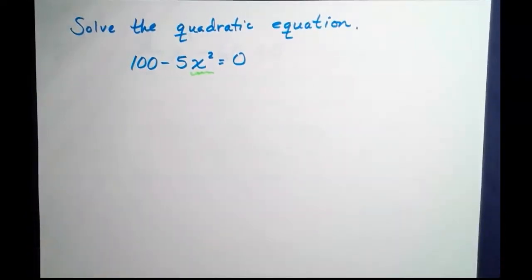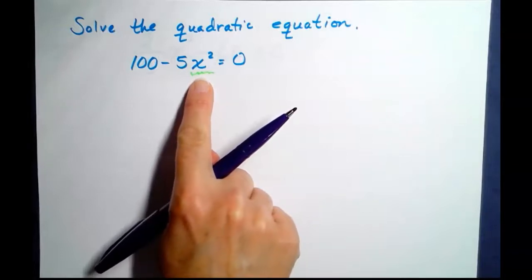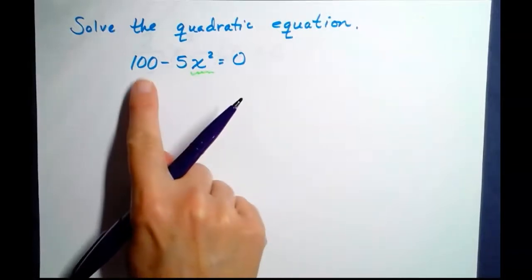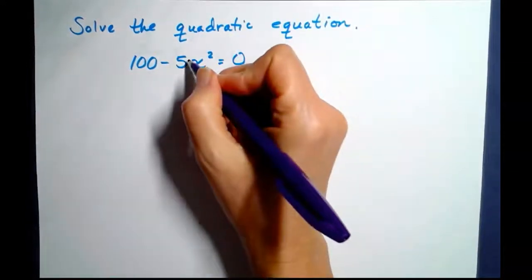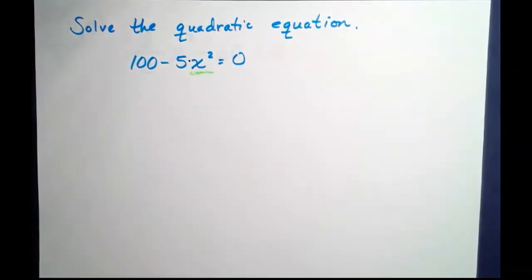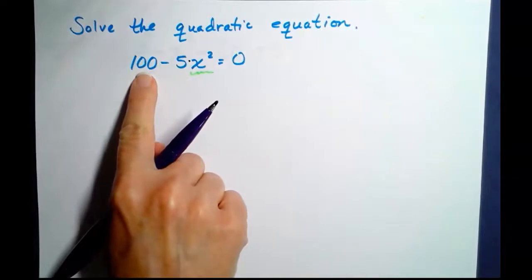Solve the quadratic equation. Step 1, isolate the squared term. I've already got it designated here with a little green squiggly underneath. So 100 minus 5 times x squared equals 0. We need to start by undoing the positive 100 that has been added to the left side.